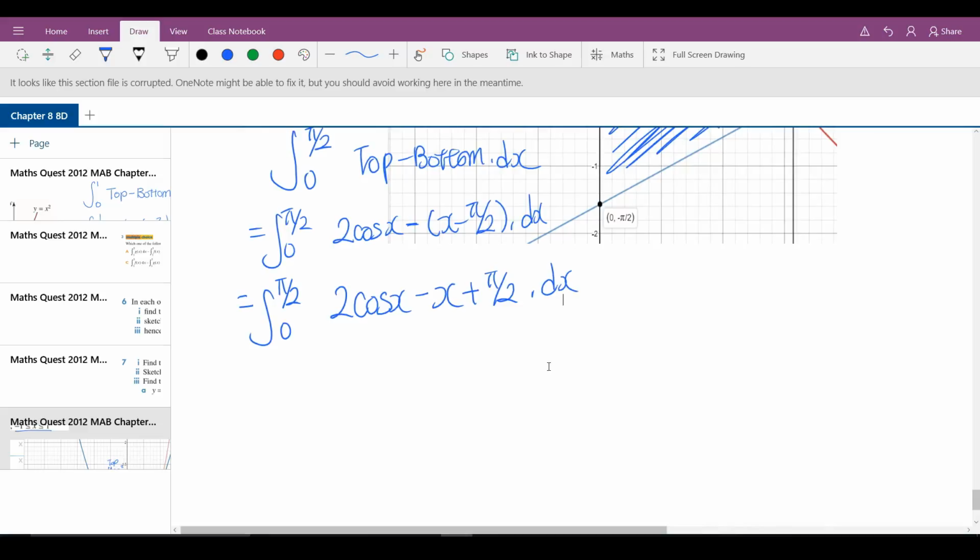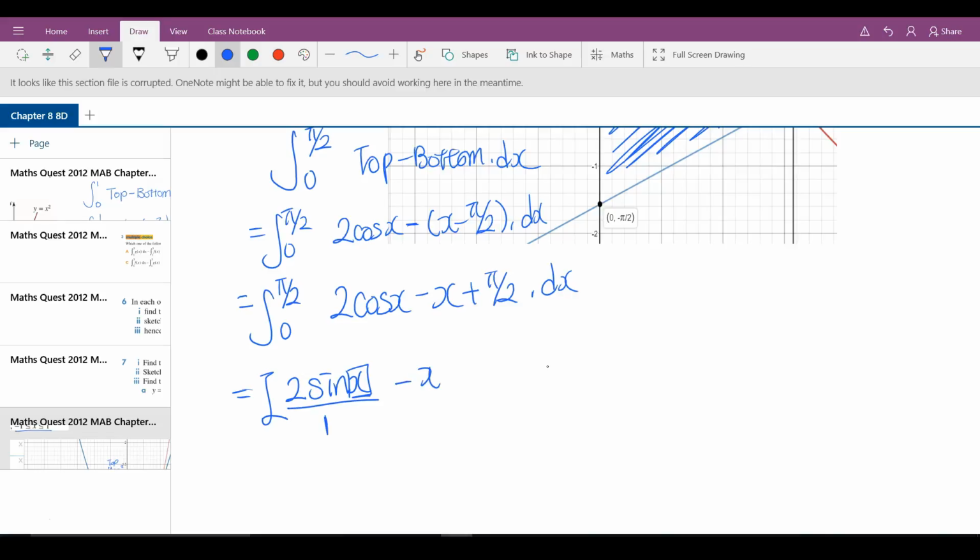Alright. So I don't think there's anything we can simplify, so let's integrate. So integrate 2 cos x, we get 2 sine x, right? And divided by, do it properly, the derivative of the inside, which is 1.